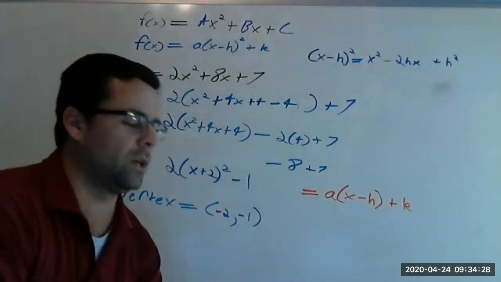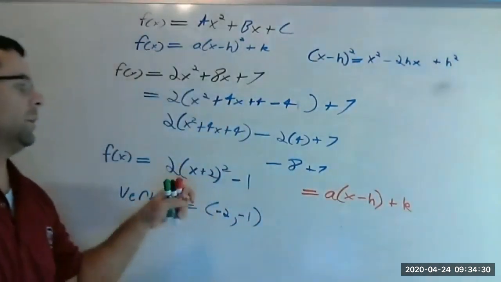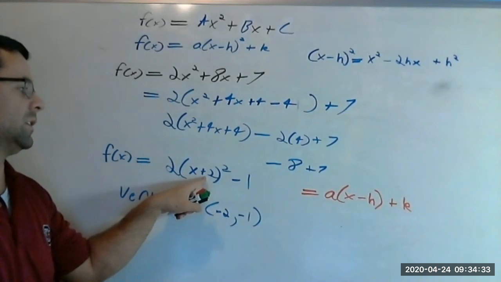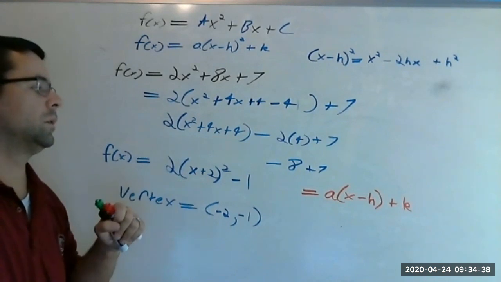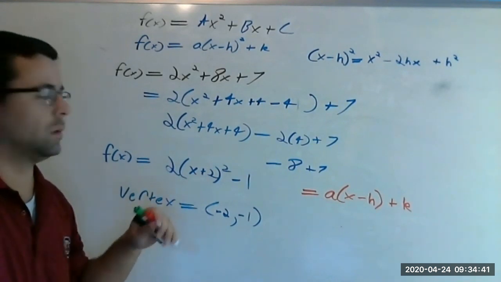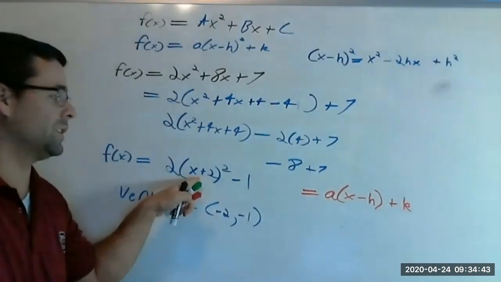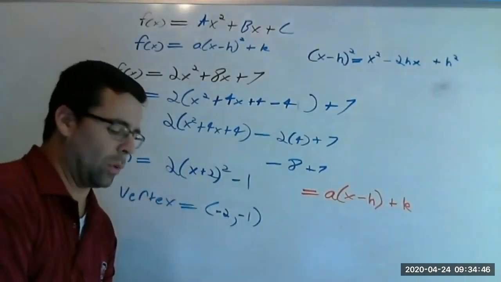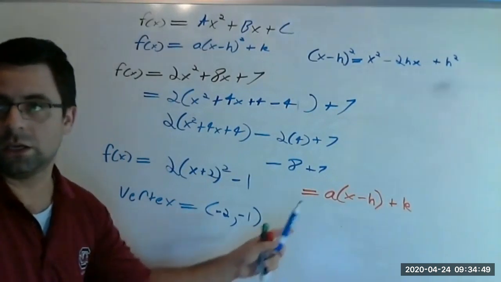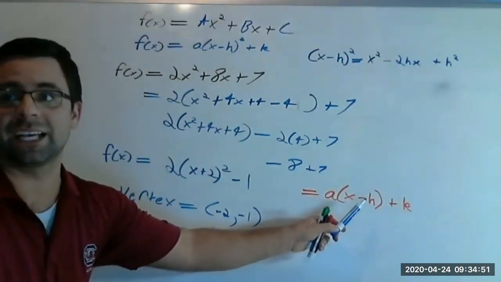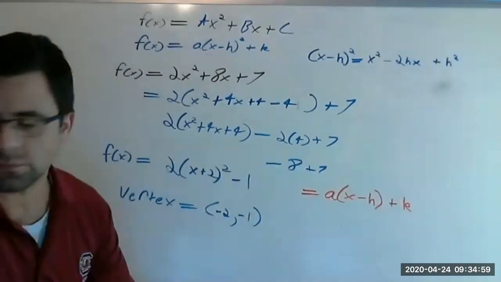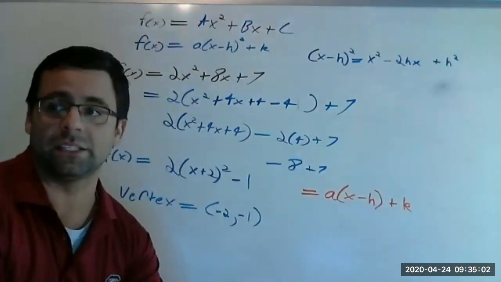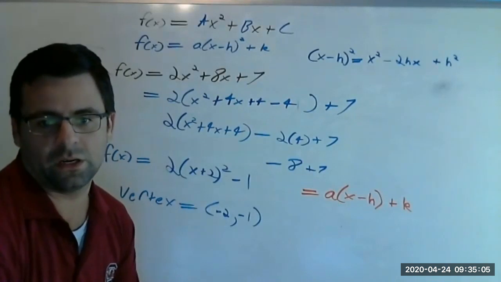But the tripping stone here is often that people want to make this positive 2 because it's a plus 2. So it is important that you look at the sign here, and it's x minus h. Whatever's there has to make it make sense.